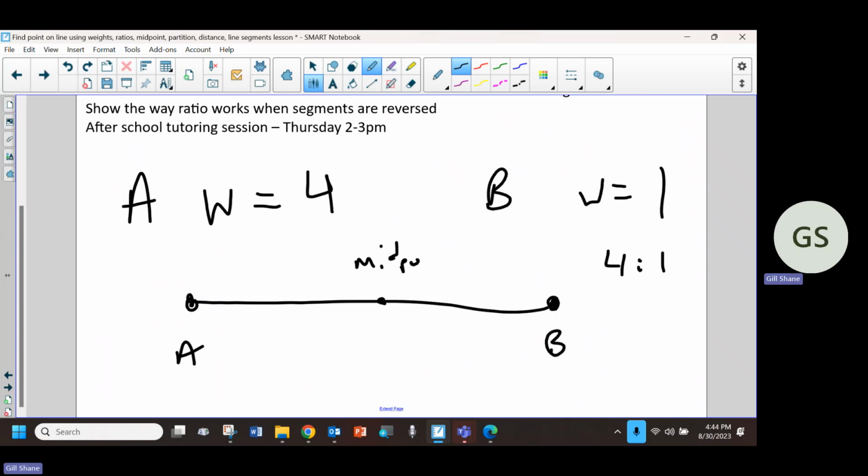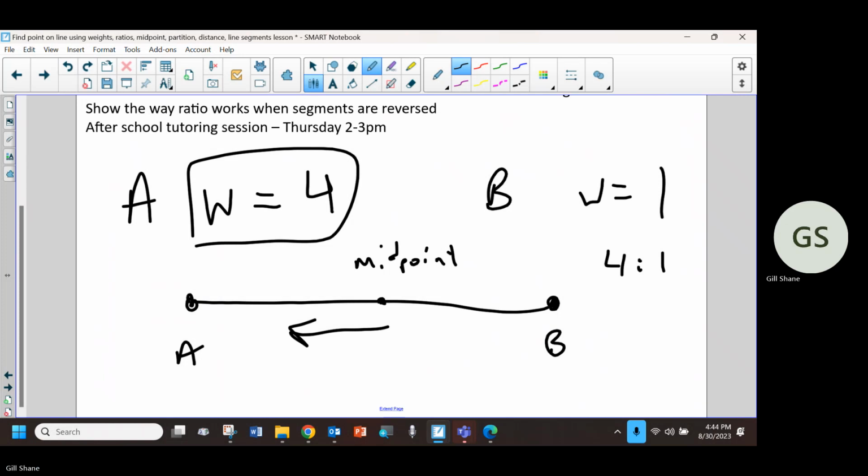Or at least think about it in your head. So if that's the midpoint, and A is way heavier in this case, 4 times heavier, it's really going to pull that midpoint to the left. How far left is kind of a guess, but it needs to pull it.